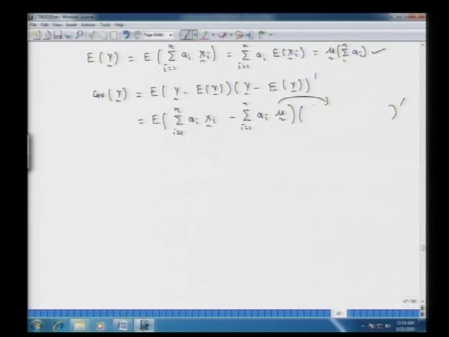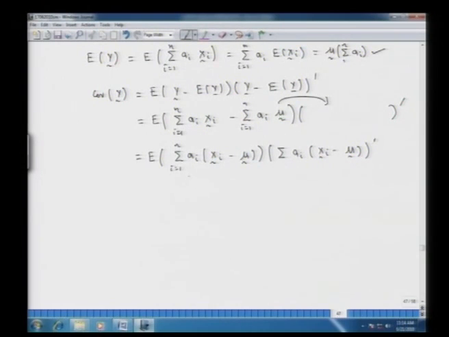So it is of the form summation ai, i equal to 1 to n, xi minus this mean vector mu, multiplied by its transpose, so ai xi minus mu whole transpose.